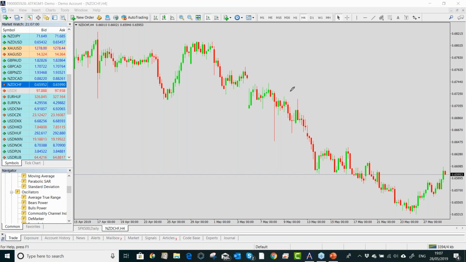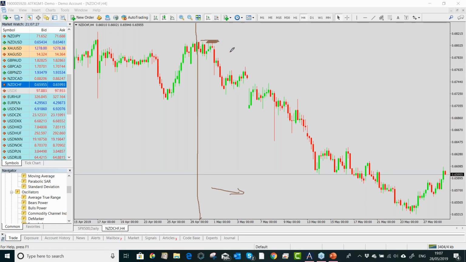From that, we can start to identify highs and lows. So if we look just at this trending part of the market here from around this point onwards, this is the highest point here.